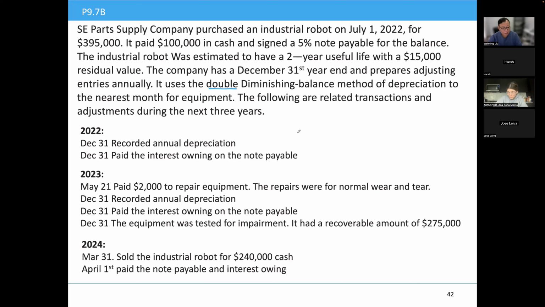On December 31st, we want to record the annual depreciation. Do you guys want to try this? What is the annual depreciation for the fiscal year ended December 31st, 2022?